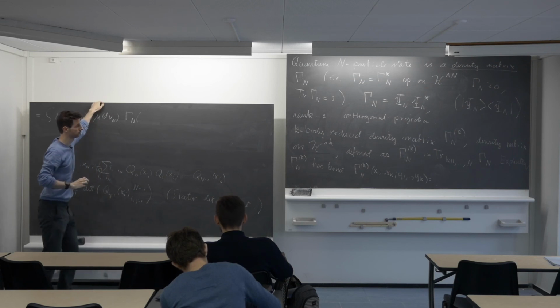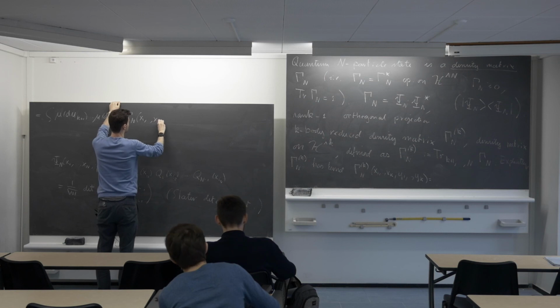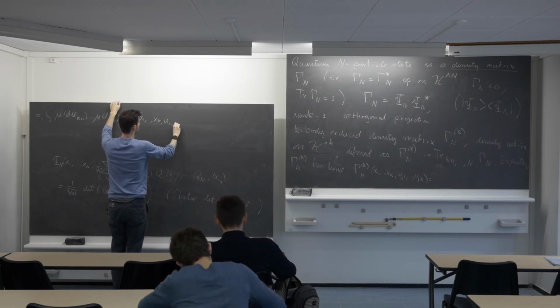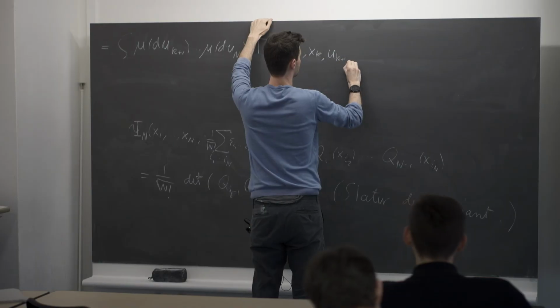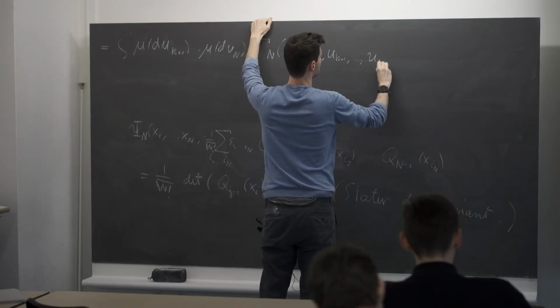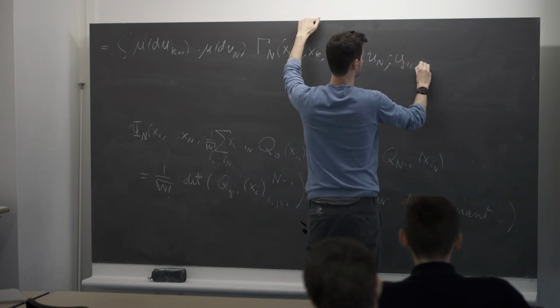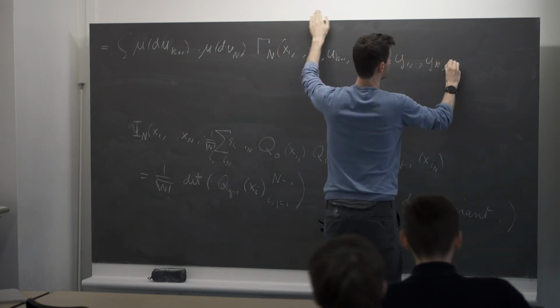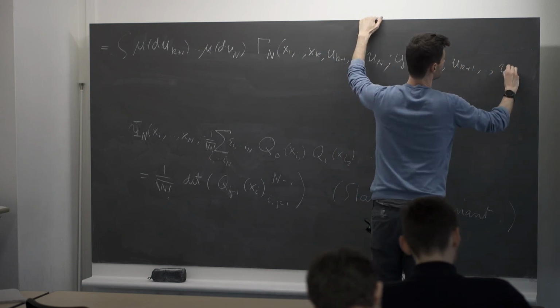Now I take the kernel of the original matrix, x1, ..., xk, u_{k+1}, ..., un, and then I have y1, ..., yk, u_{k+1}, ..., un.